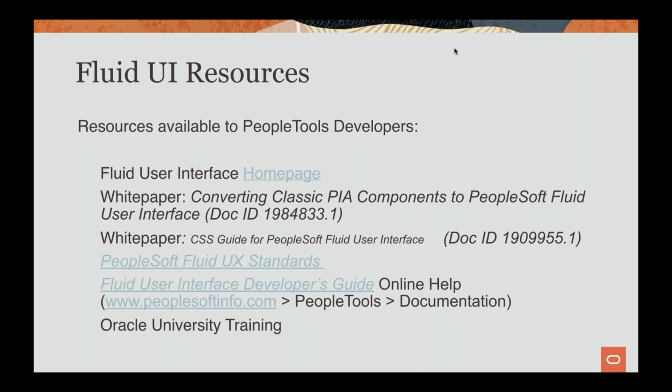Okay. So that kind of basically wraps up what I wanted to talk to you about. So there's a recap. Let's just mention what we've gone through. We first started talking about what it is to have a fluid user interface. We then looked at the components and kind of buzzwords of what the new functionality contains.